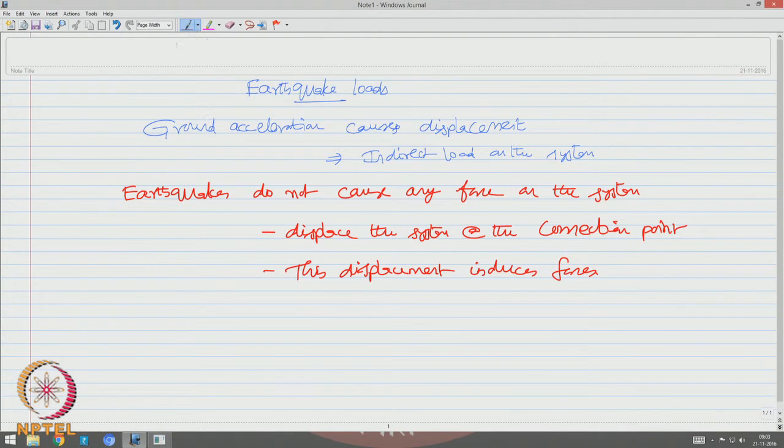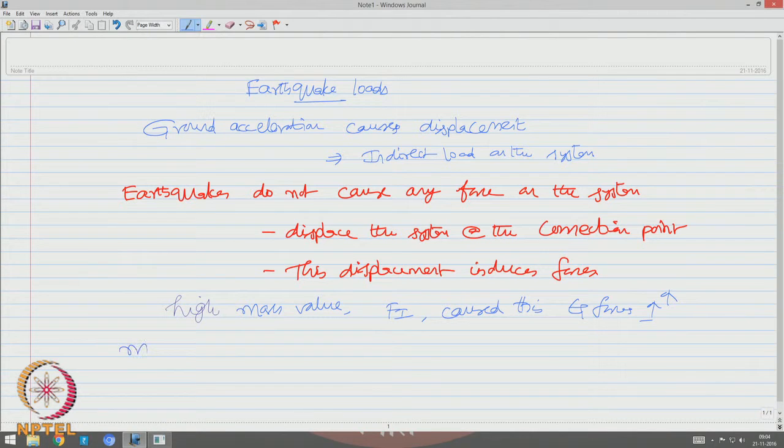Obviously, when the system is with high mass value, inertia forces caused by earthquake forces will be also relatively high.